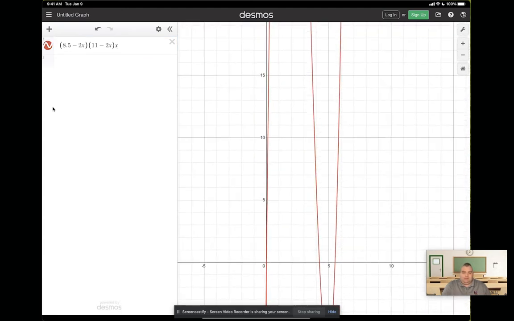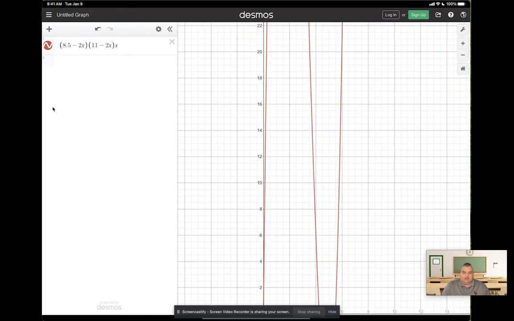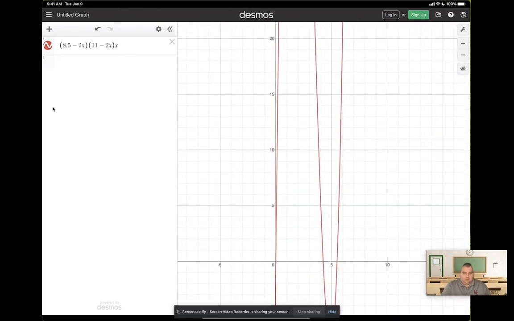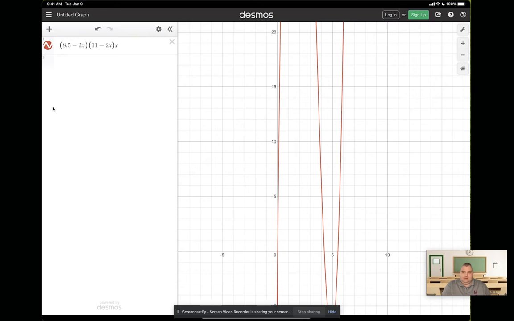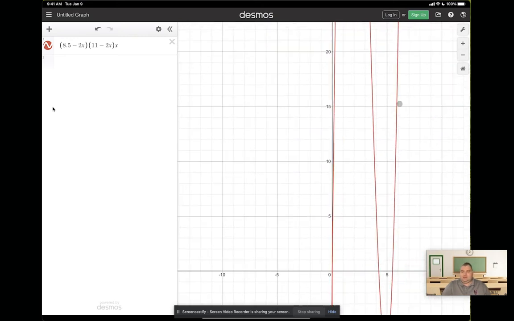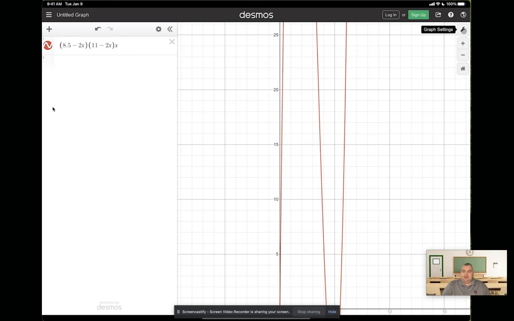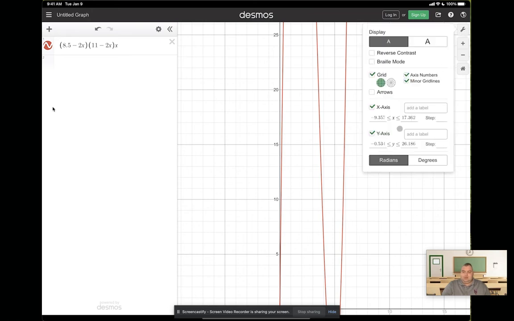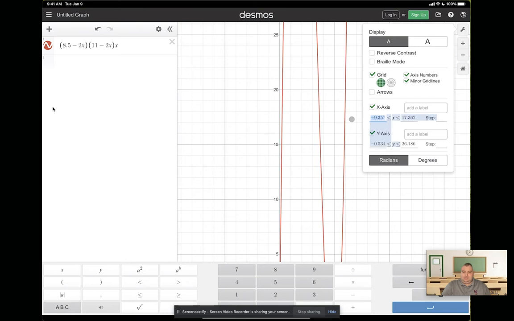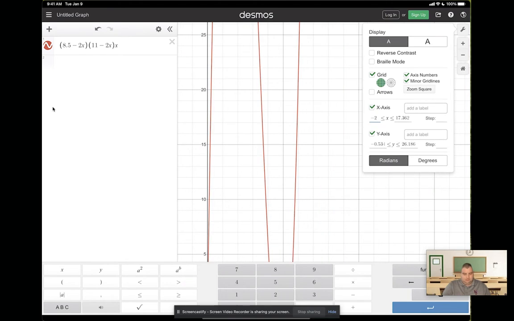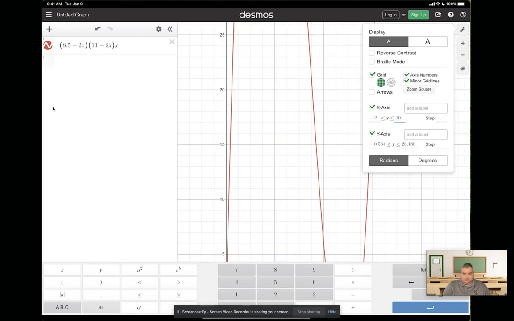What I want to do is mess with the graphing window in order to get a decent view of the graph. If I want to do that, I can click on the wrench, the settings, and just kind of mess around, and you can do this on your calculator too. Okay.